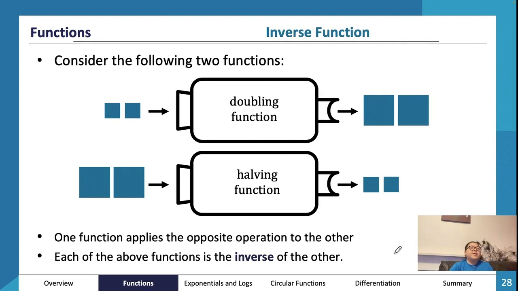Or if a function was doing construction, then the inverse function would be a house demolisher. It's just trying to reverse what's previously been done to it. Like talking about here, doubling a function and halving a function, those two are inverse functions of each other.